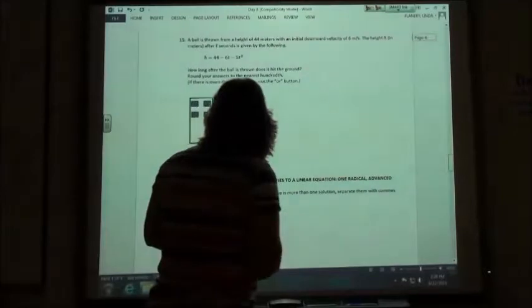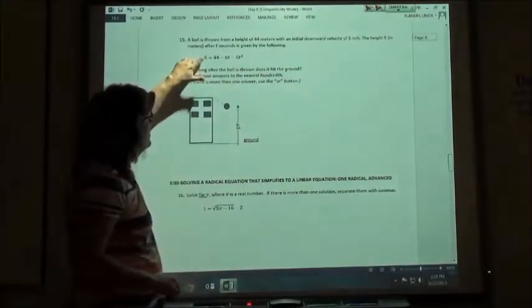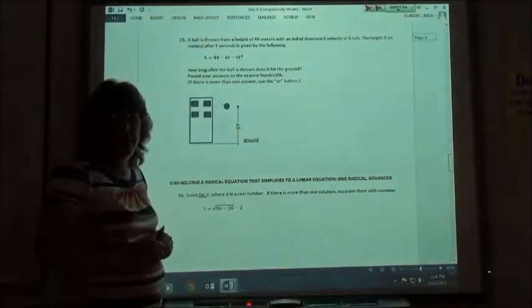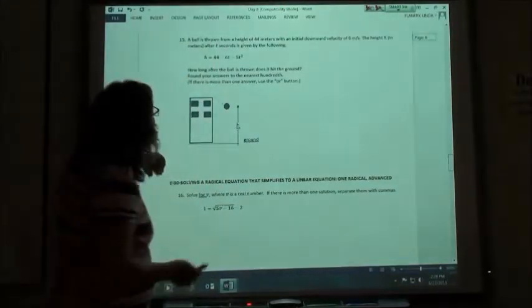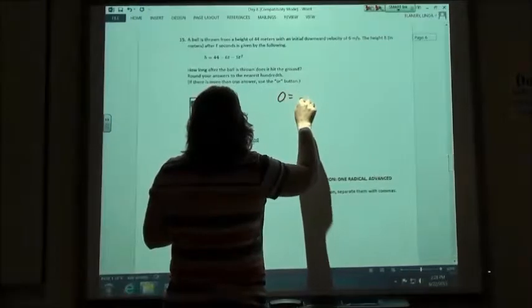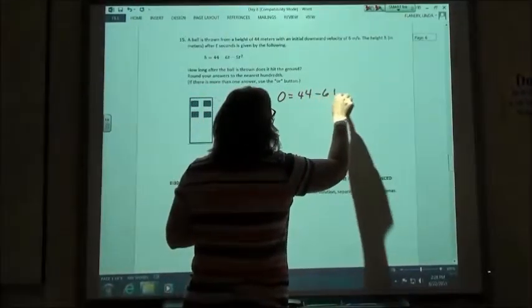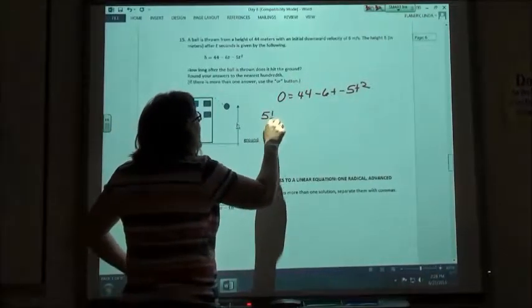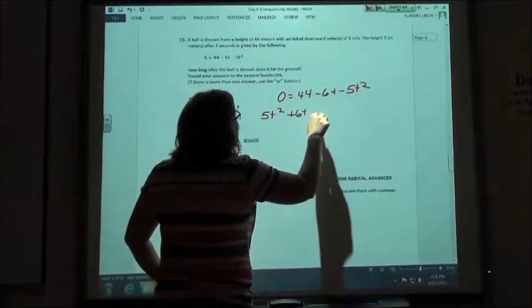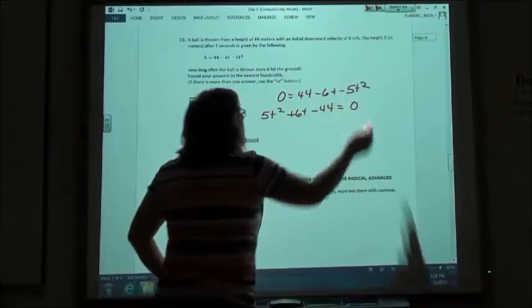So, if it hits the ground, I'm laying on the ground, my height is going to be 0, because the height is in meters above the ground. So 0 equals 44 minus 6t minus 5t squared. In best form, I would use 5t squared plus 6t minus 44 equals 0.